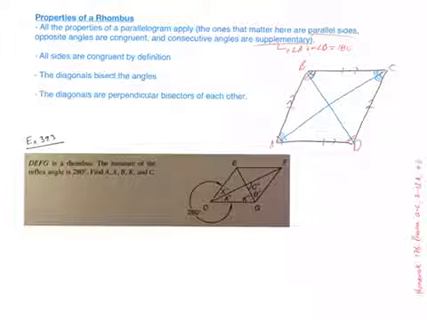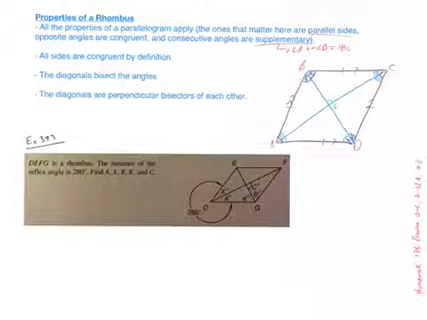And same idea here with this one from B to D. This angle would be the same as this angle, which would be the same as this angle, which would be the same as this angle. Okay? And then diagonals are perpendicular bisectors of each other. So that means that these meet at a right angle, and that this side length, if I call this point E, EC is going to be the same thing as AE.